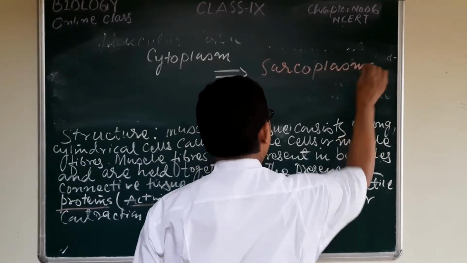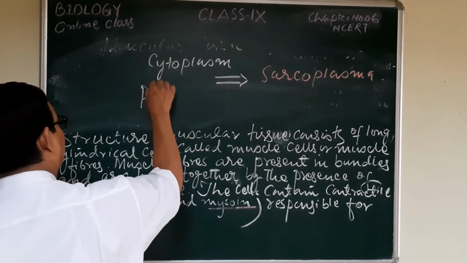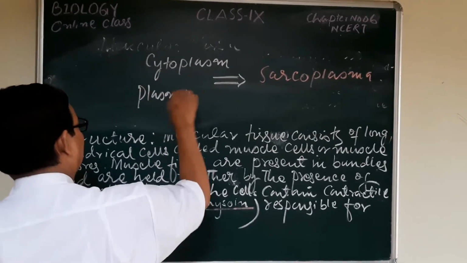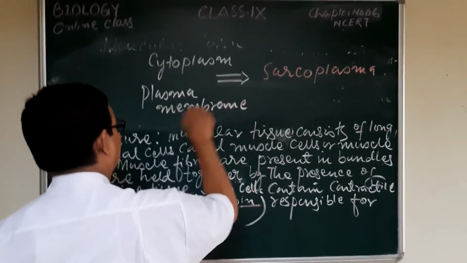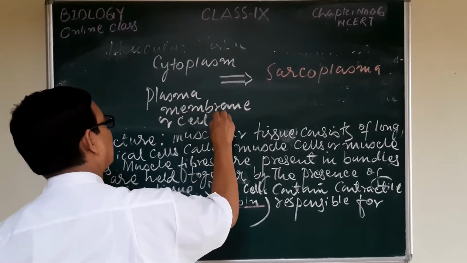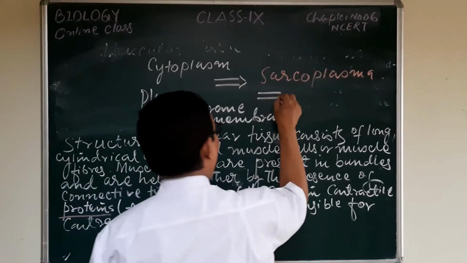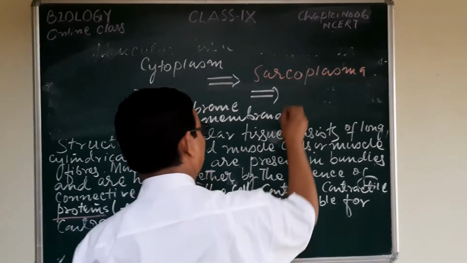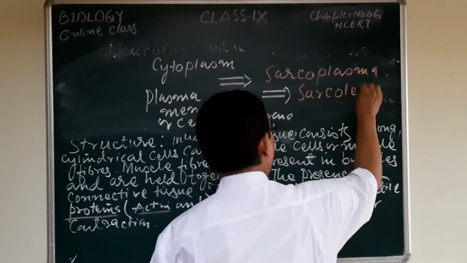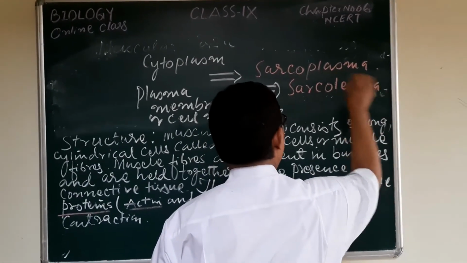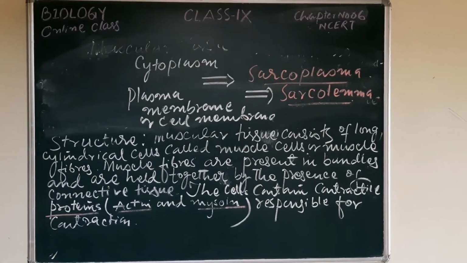Similarly, the plasma membrane or cell membrane has a changed terminology, that is sarcolemma. So this is an important thing you have seen in the case of the muscular tissue.